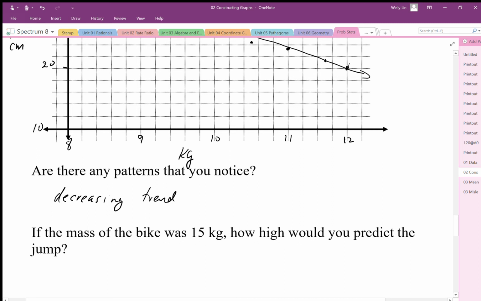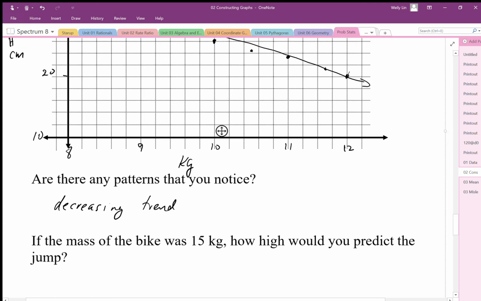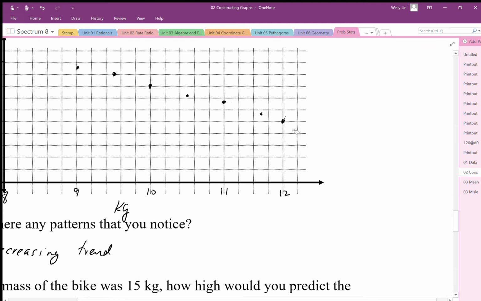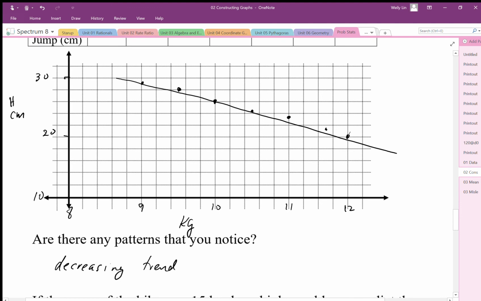Okay, so if the mass was 15 kilograms, if we were to extrapolate, we could actually use the slope here to predict the jump. So if I draw a little bit straighter line, I can estimate the slope. It looks like it's going down about 10 centimeters for approximately every 3 kilograms.